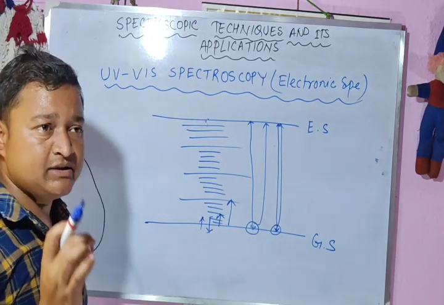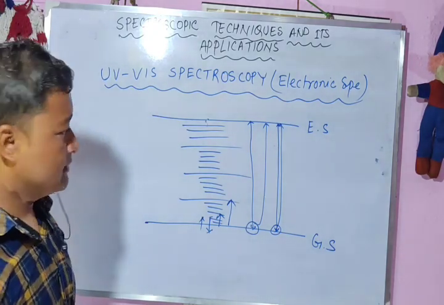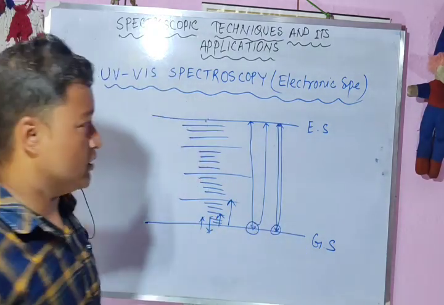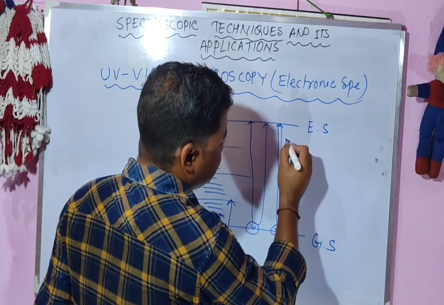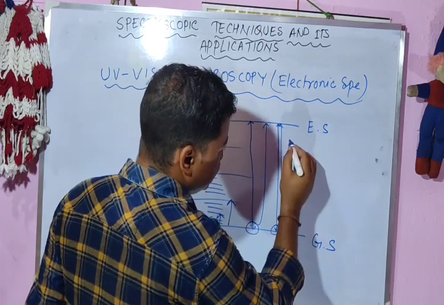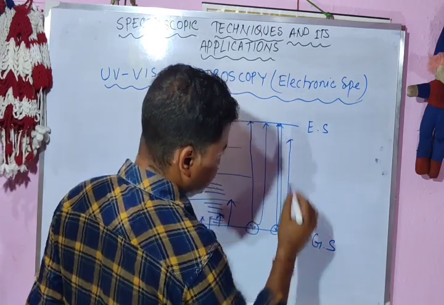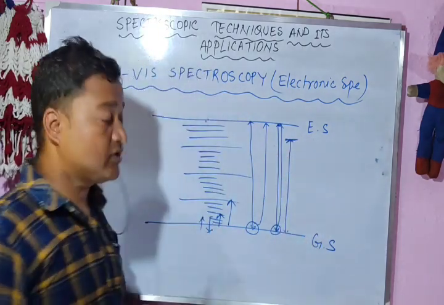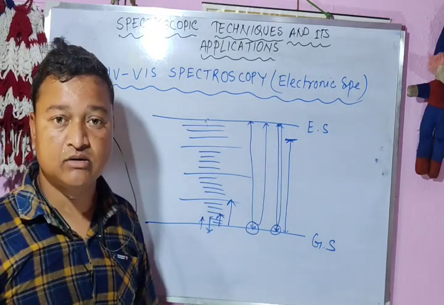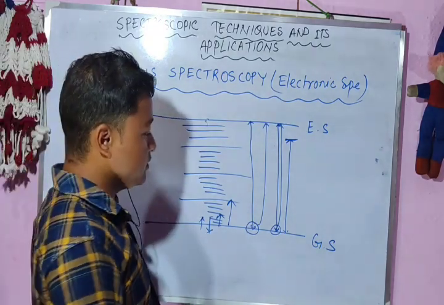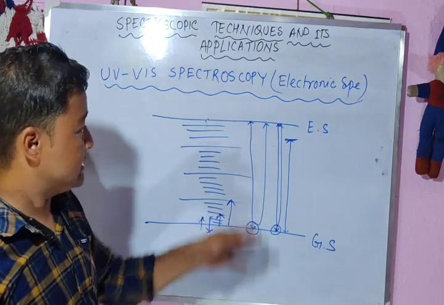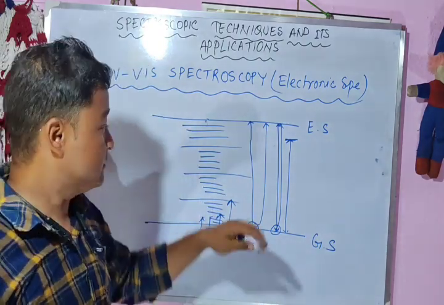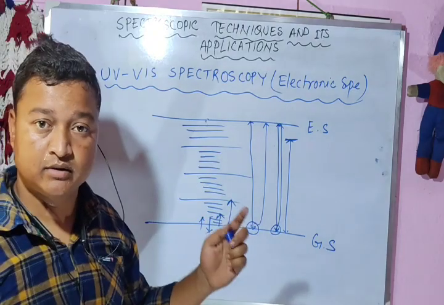If the energy is quite small and does not match the frequency, then the electronic excitation does not occur. Only when the frequency is completely matched does the electronic jump occur.